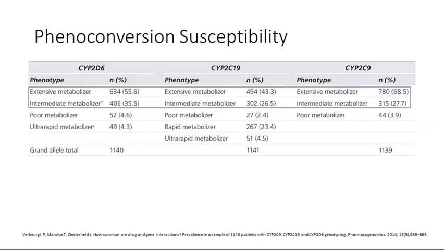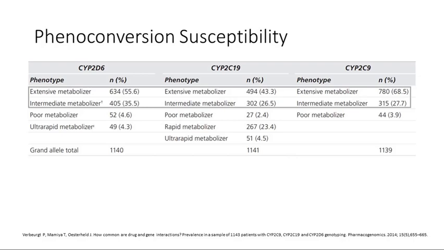So here's what I'm calling Phenoconversion Susceptibility. We've got three different genes that we mentioned already, CYP2D6, 2C19, and 2C9. And when we talk about phenoconversion, we have to think about who can really be phenoconverted, right? It's really the middle of the pack, if you will. Those extensive, or what we now call normal metabolizers, and the intermediate metabolizers can be moved up or down pretty readily.